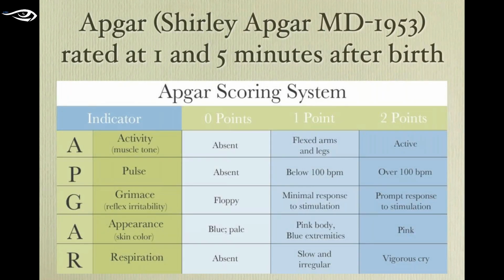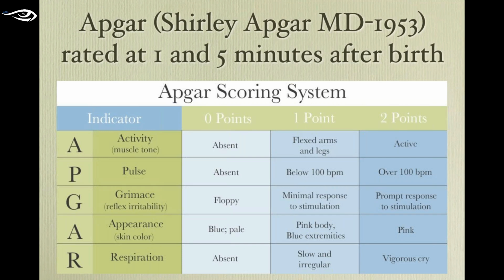In the talk a couple of weeks ago, there was a discussion about the APGAR scores. I'm just going to mention this briefly. And you can see the letters A, P, G, A, and R on the left side of the screen. What the lecturer did not mention is that APGAR actually was not based upon those. It was based upon what's at the top of the screen. The person who developed the APGAR scoring system was a doctor named Shirley APGAR.